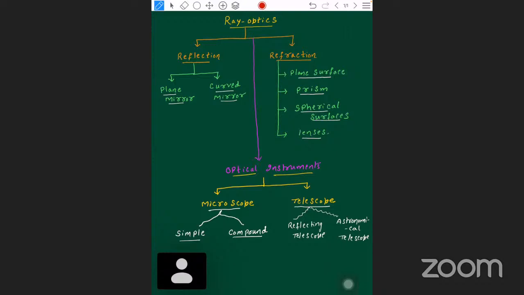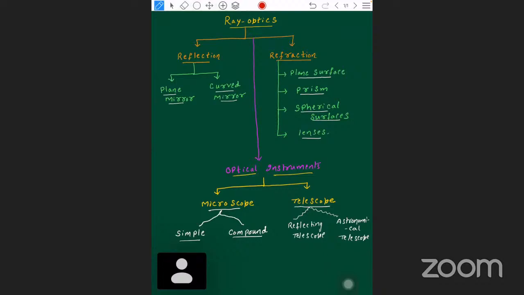In microscope, you are going to deal with the construction, the principle, and the ray diagram of simple and compound microscope. In telescope also, you are going to deal with two cases, that is astronomical telescopes and reflecting telescopes. So these are the concepts we are going to deal with in ray optics.